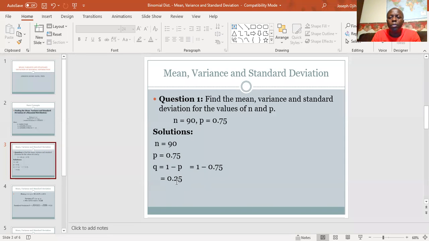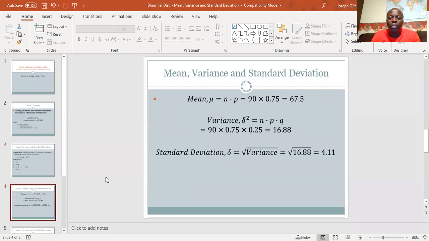Now with this, we are ready to find the mean, variance, and standard deviation for this question. You can see right here, the mean is n times p, which is 90 times 0.75, which gives you 67.5. I can show you this on the screen with my calculator.